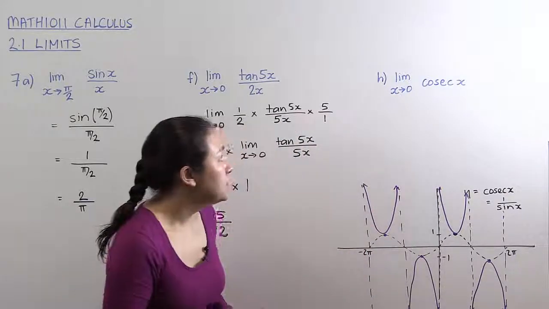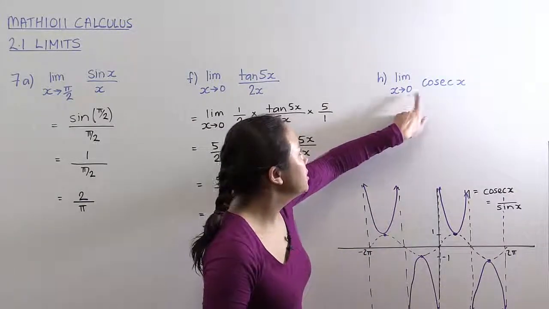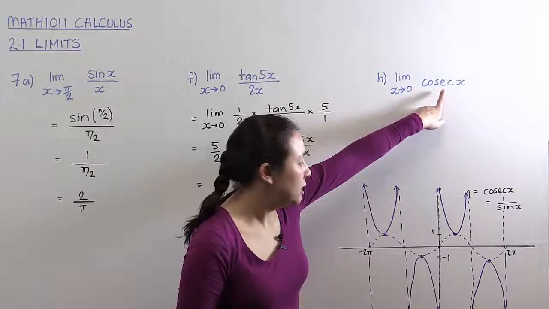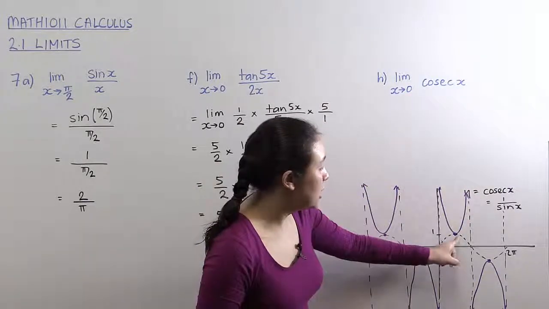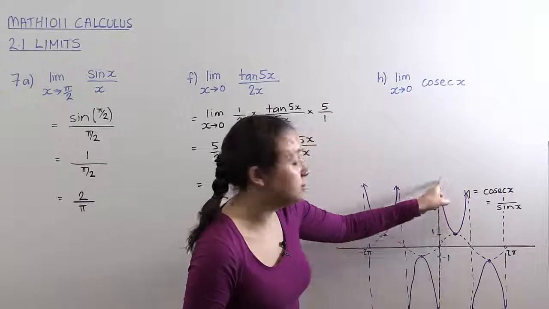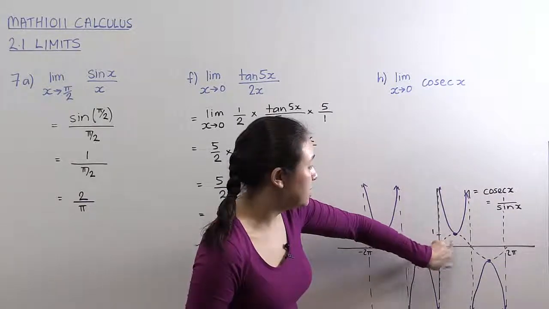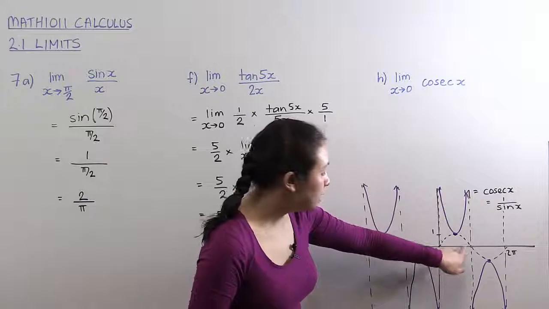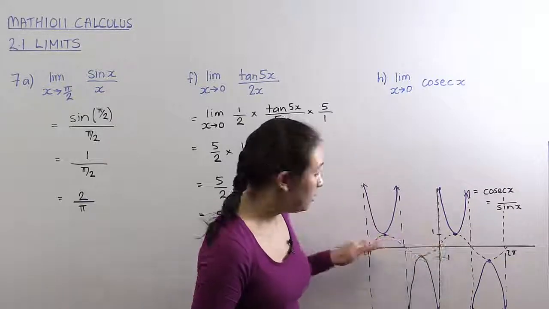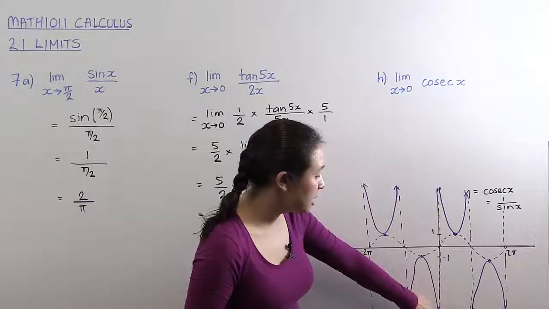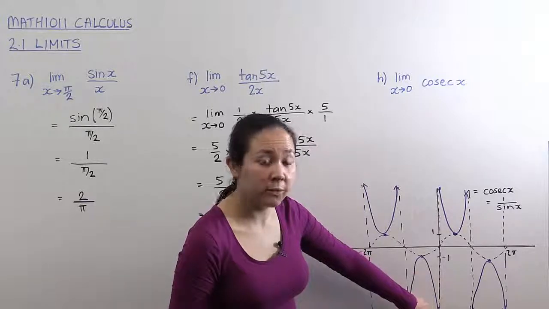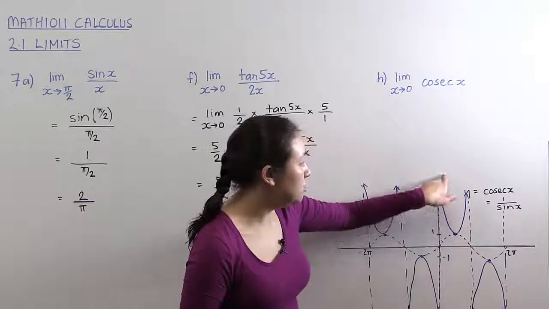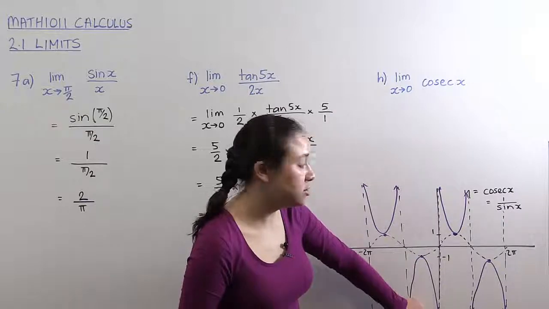So what happens is if we want the limit as x approaches 0 of cosec, if we just looked at this section, we might think that it just tends towards infinity because as x comes to 0, it tends towards infinity. But that's only tending to 0 from the right. If we came to 0 from the left, it would actually tend towards negative infinity, right? So on one side it's huge and positive, on the other side it's huge and negative.